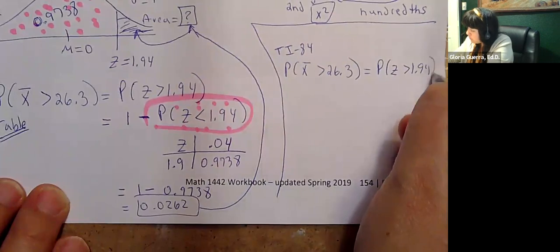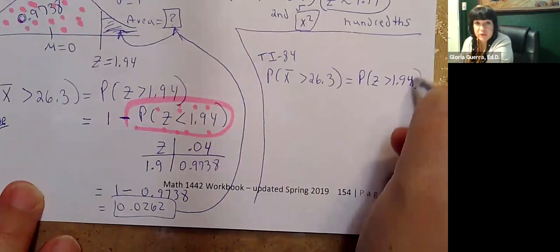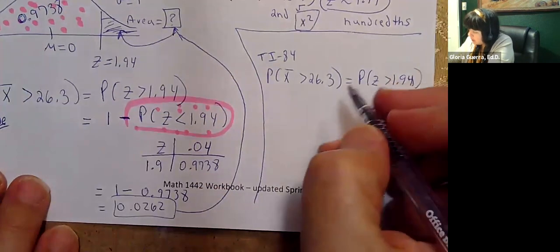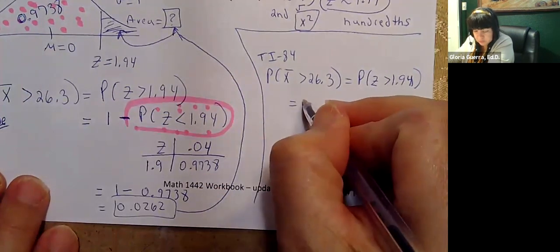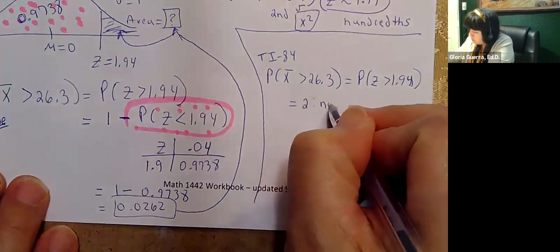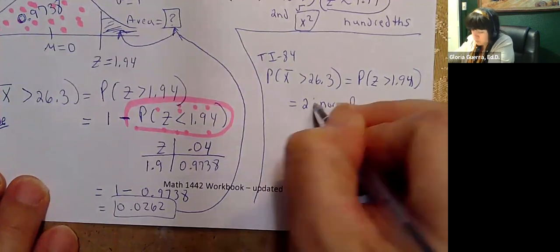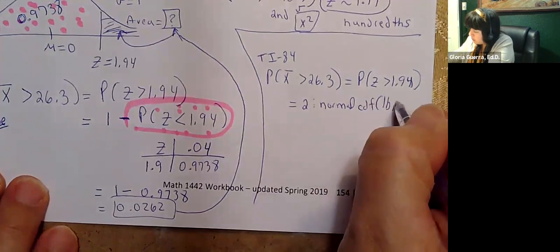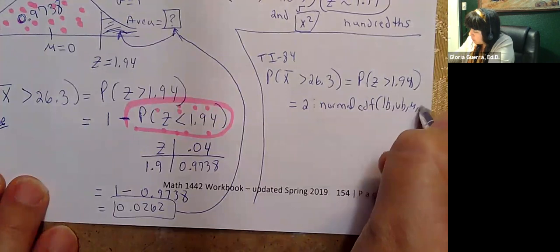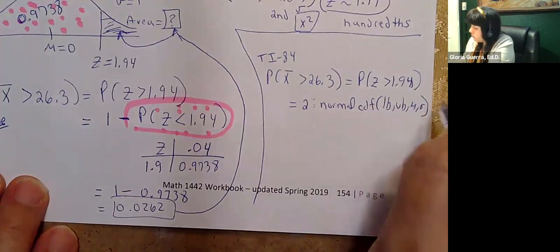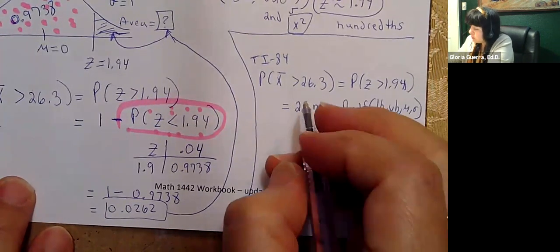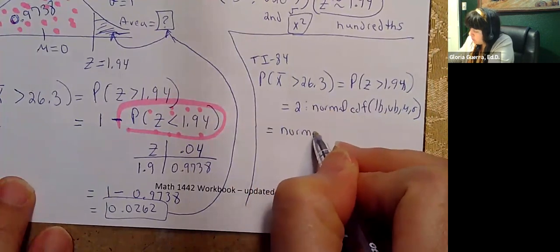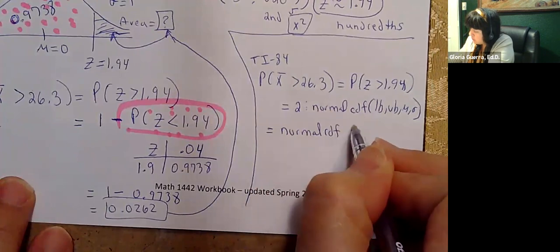But now we're going to use the calculator. So we don't really need the table now, but we need the command. And the command is number 2, normal CDF, and then it's lower bound, upper bound, mu, and sigma.